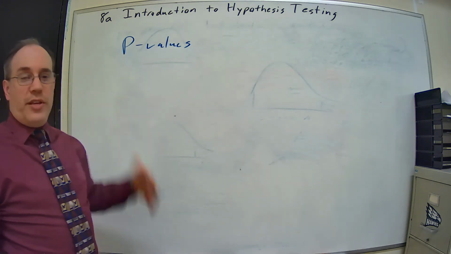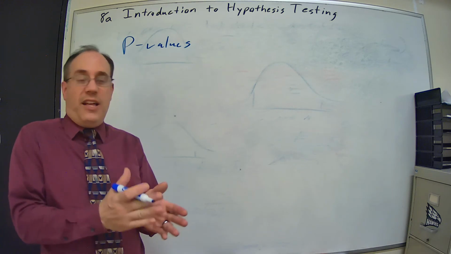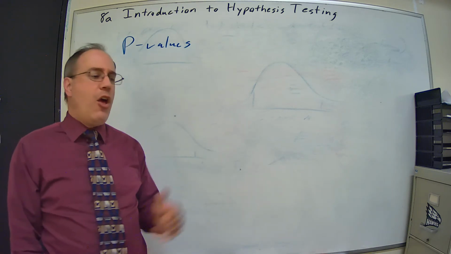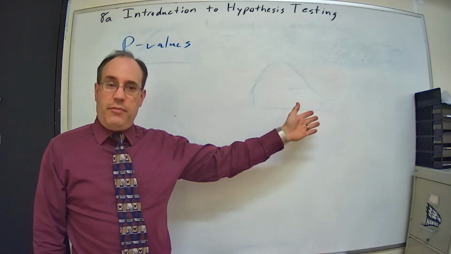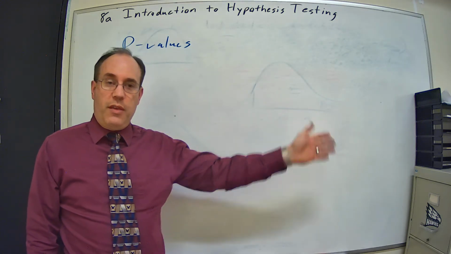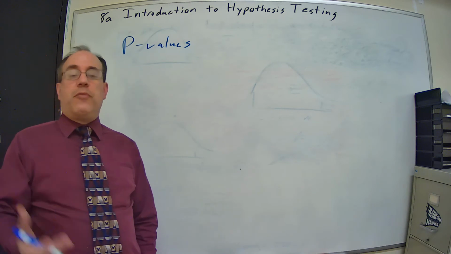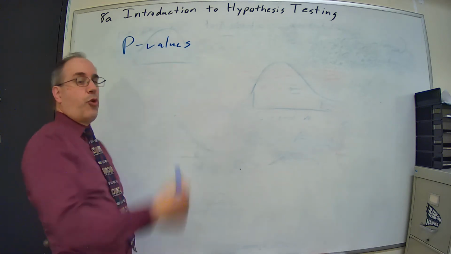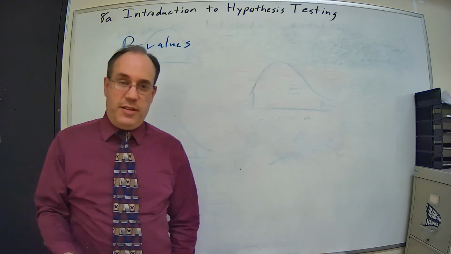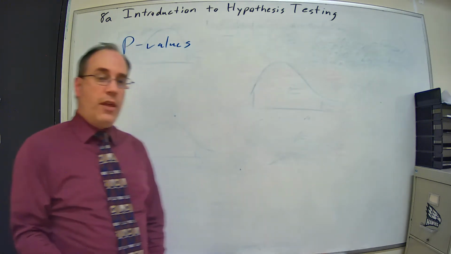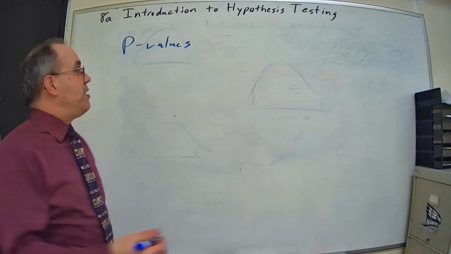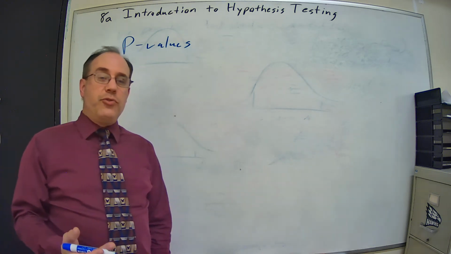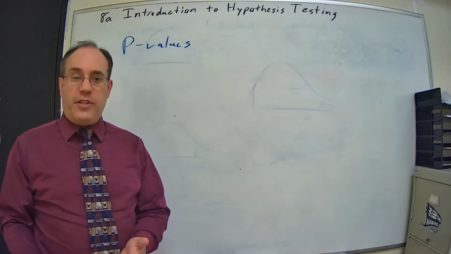So a p-value is measuring the probability that the test statistic would be that extreme or more extreme, meaning farther away from the mean. It's a measure of how extreme or how rare it is. Now, when we deal with p-values, we're going to compare p-values to our significance level.